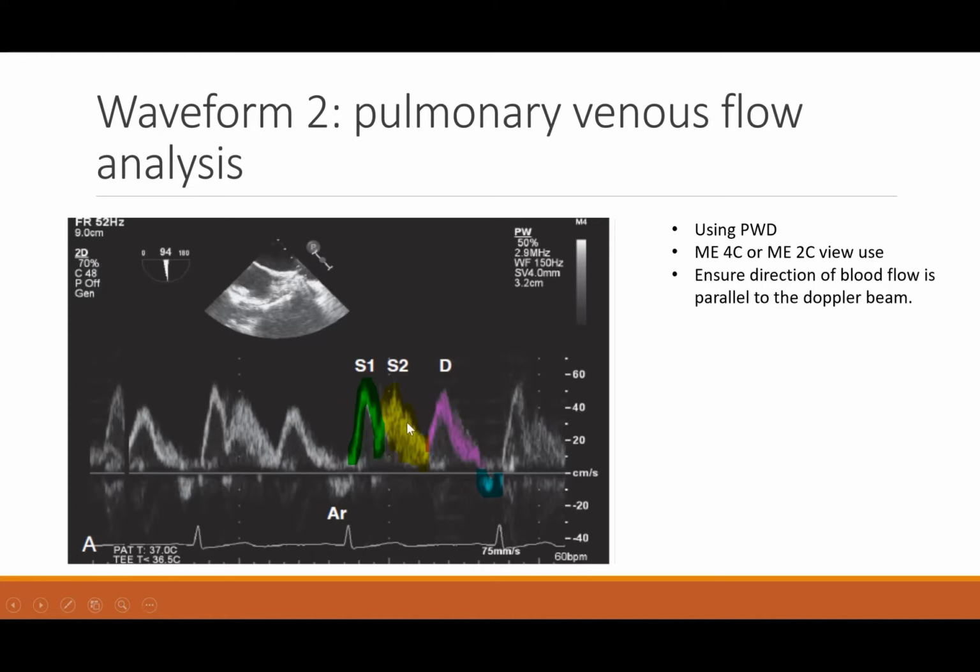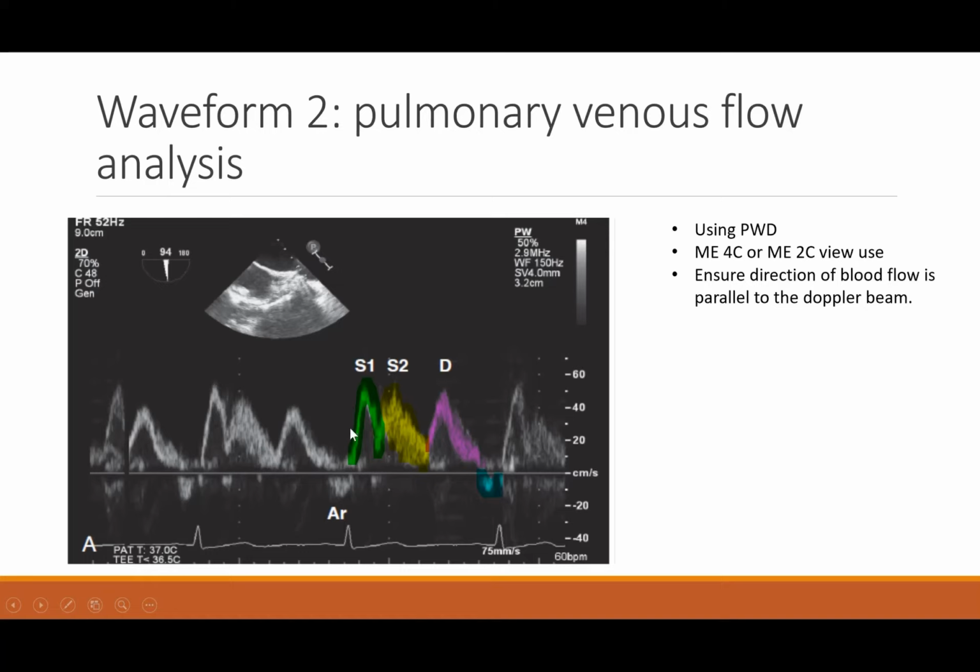So it is mostly positive, because the left atrium is closer to our probe. It shows a positive deflection, and in this waveform only a small negative deflection is there, that occurs when the left atrium contracts and ejects the blood to the left ventricle.